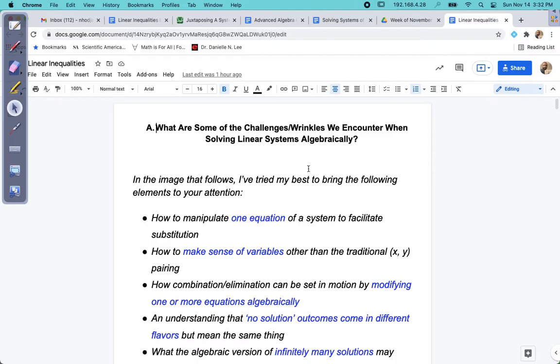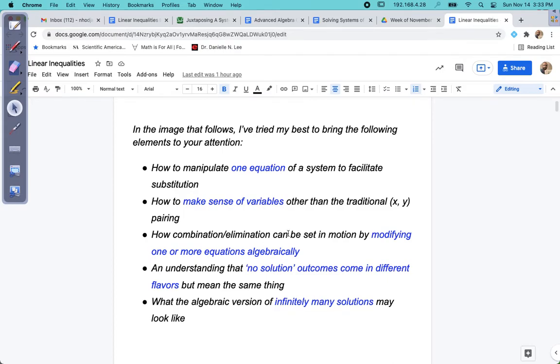Or if they're happening at places on the graph that are not convenient, like gigantic ordered pairs, 100, 300. Really tough to get a sense of that when you're graphing. So we've decided to shift towards solving algebraically, but there are some things that we should address. So I have some problems solved that I'm going to be narrating for you in the next few minutes.